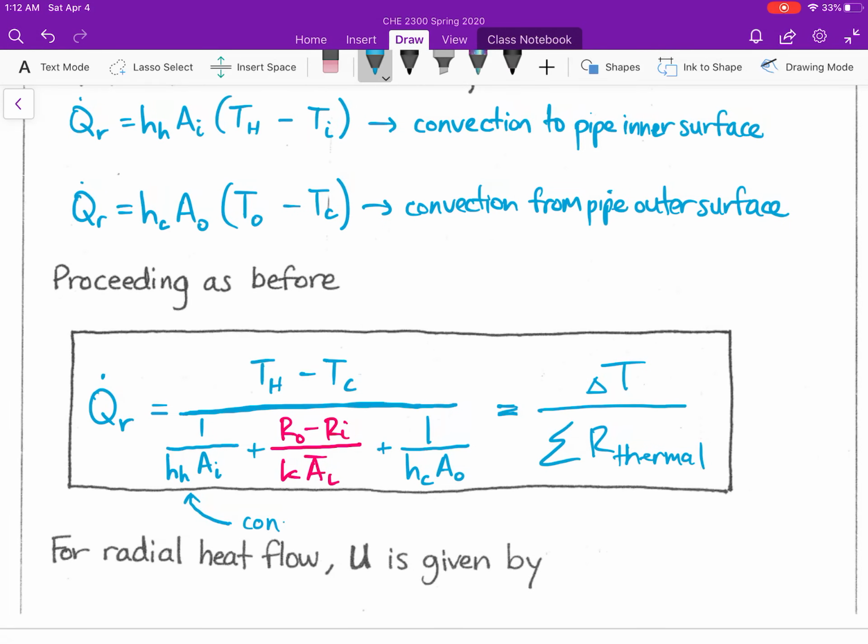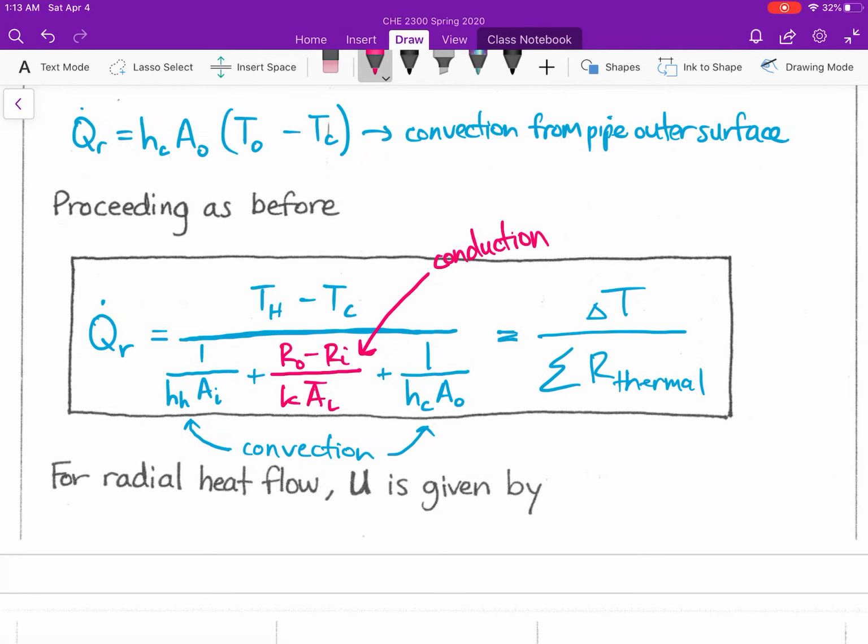Where these two are our convection terms, and that is our conduction term. And so again, we have conduction through the pipe wall, and convection to the inner surface of the pipe wall from the hot fluid, and then from the outer surface of the hotter pipe wall to the colder fluid that is surrounding it.